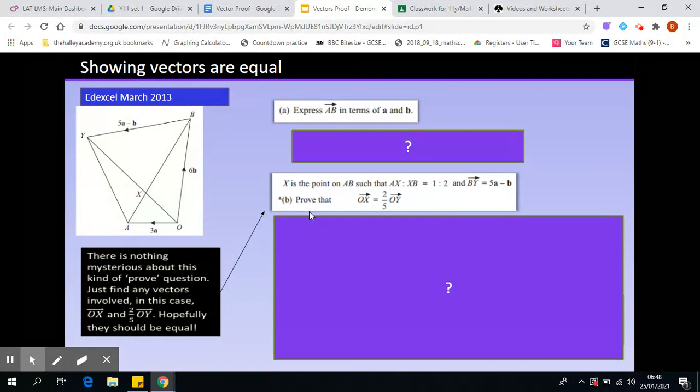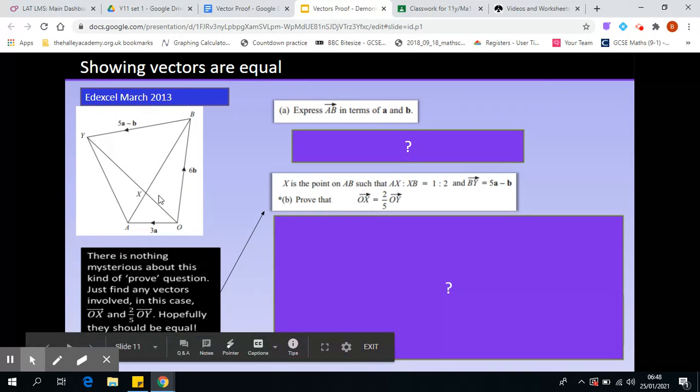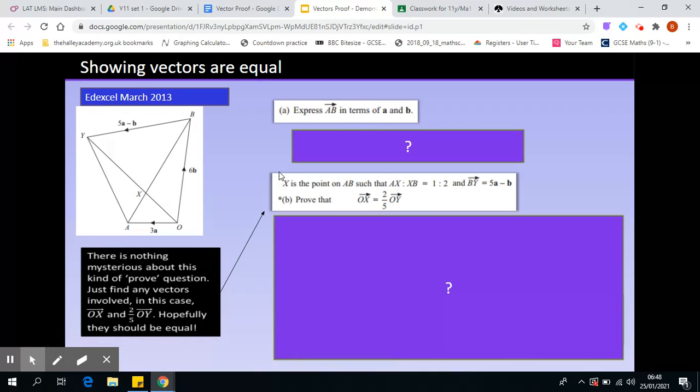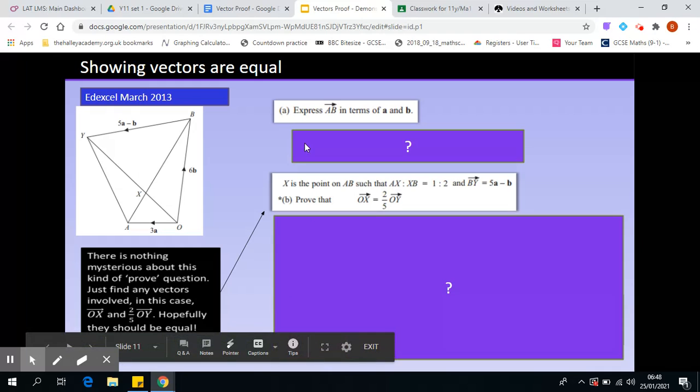Now let's look at a first example showing vectors are equal. First question, express AB in terms of a and b. Now I've noticed people just writing down the final answer. It's okay for a 1 mark question. However, for 2 or more marks, we have to list the steps clearly.